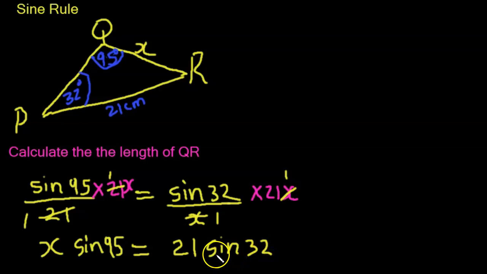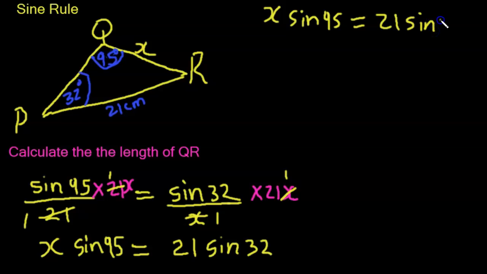Alright. And then let's bring it up here. Let's rewrite it up here. So x sine 95 equal to 21 sine 32. So remember the aim of the game here, we want to solve for x.